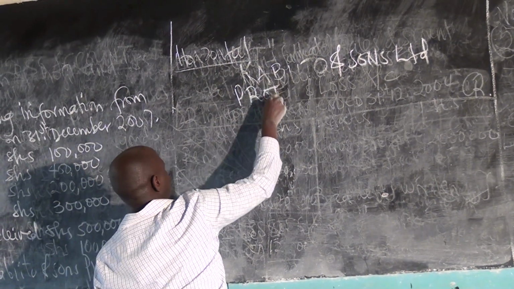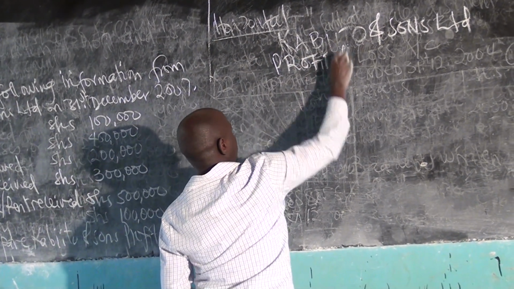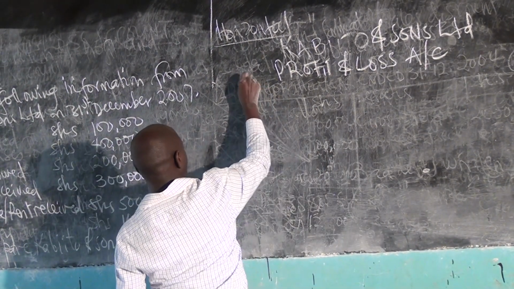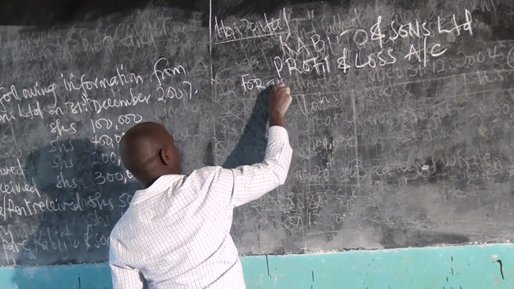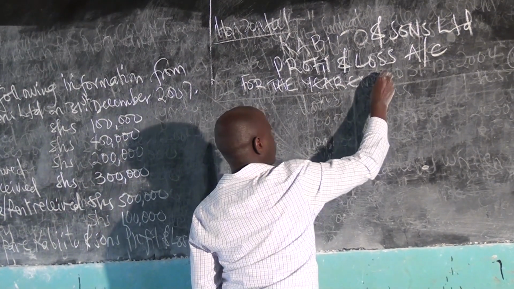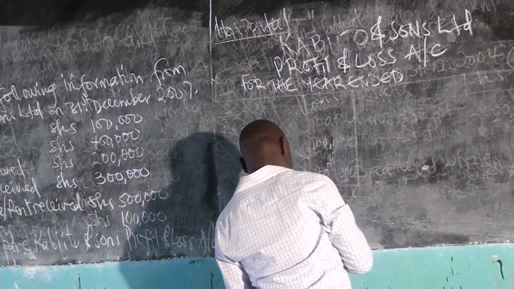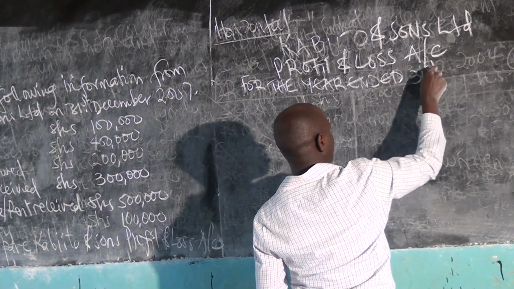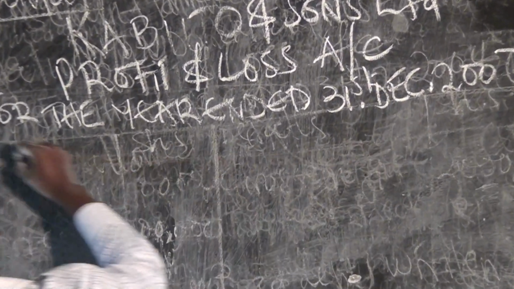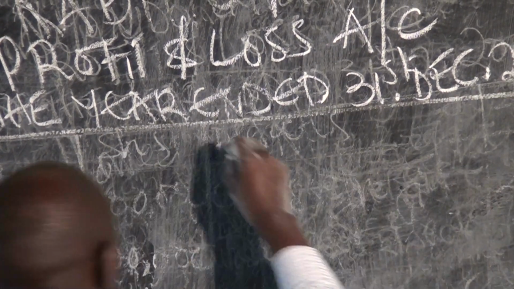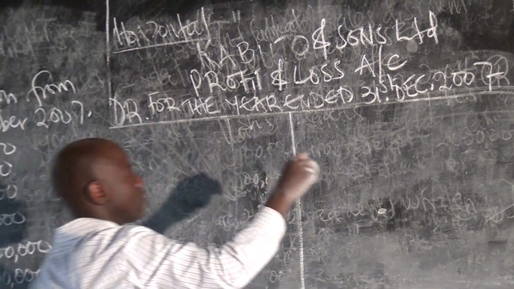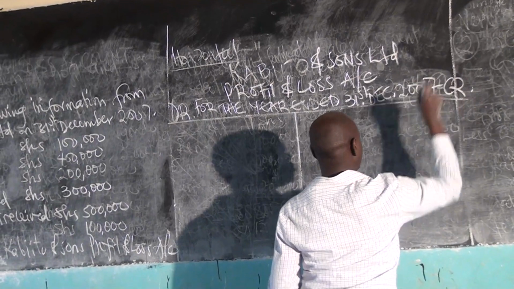Profit and loss account for the year ended 31st December 2007. Yes, we have the debit side. Again, we have also the credit side.